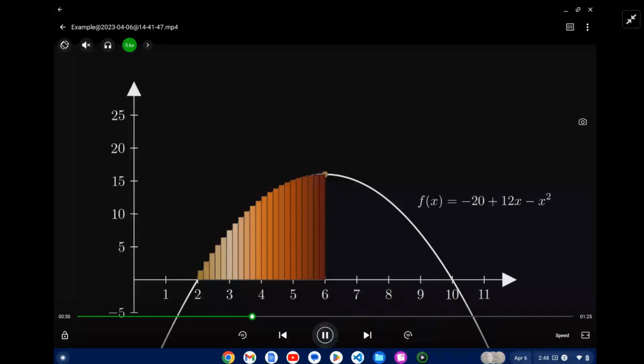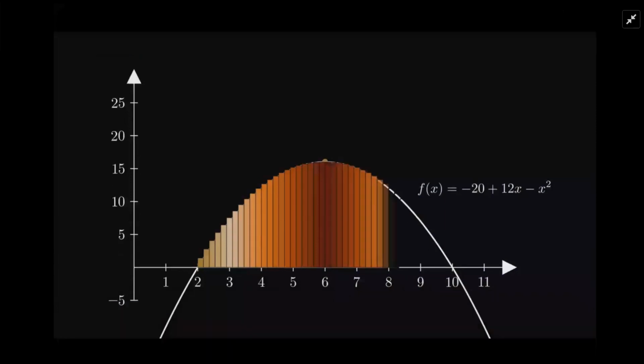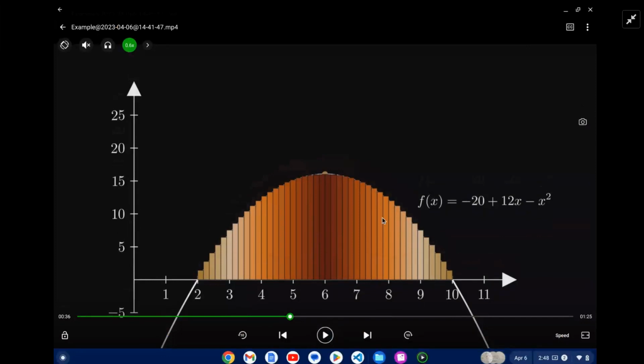You notice all these rectangles are slightly above the function, therefore the overestimate. Okay, so that's the left. The height of the rectangle is the value at the left edge. Okay, now I'm going to pull out one of these rectangles just kind of randomly.